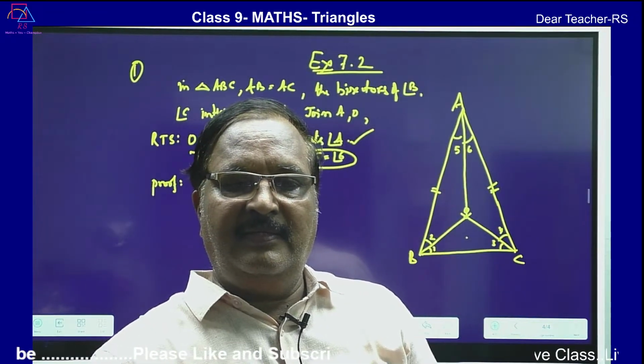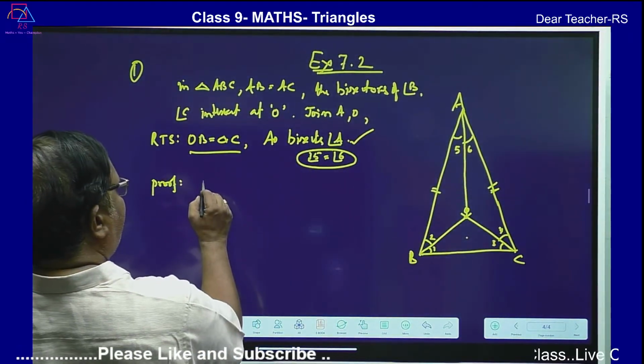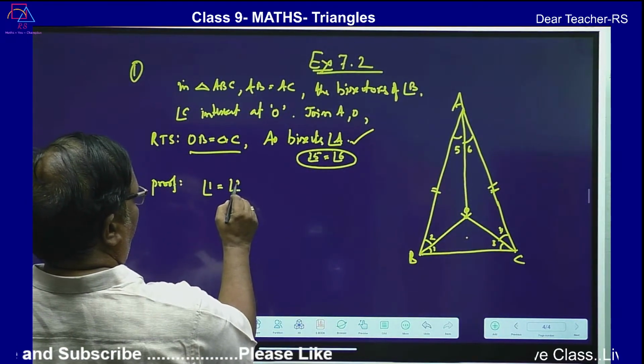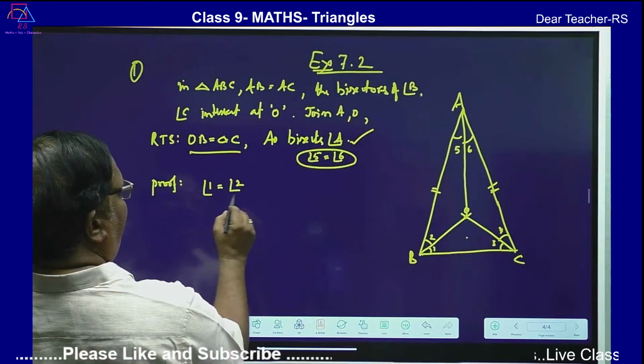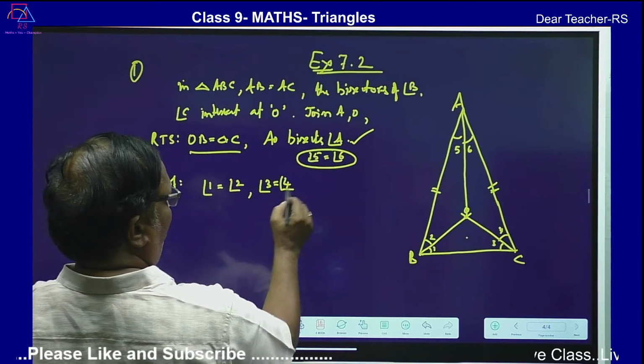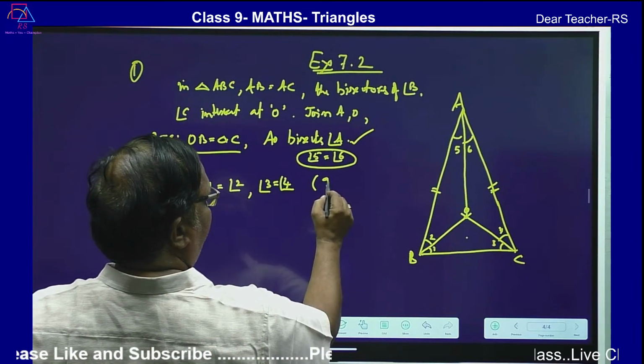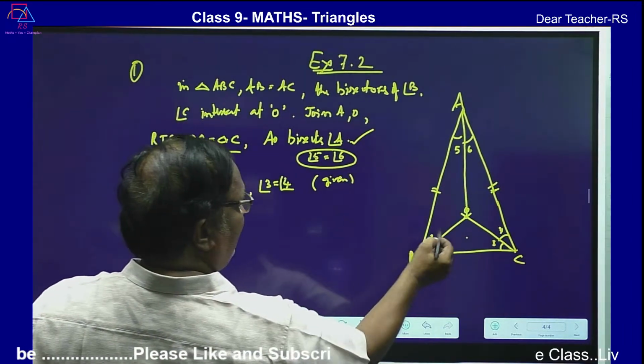Okay, so now angle 1 is equal to 2. Why? And angle 3 is equal to 4, because given bisectors.